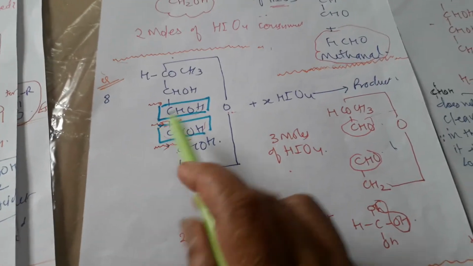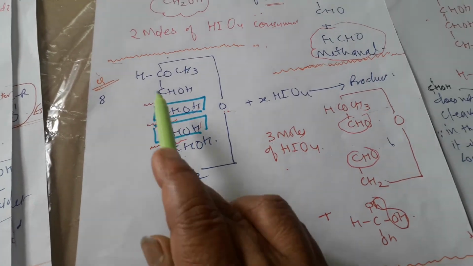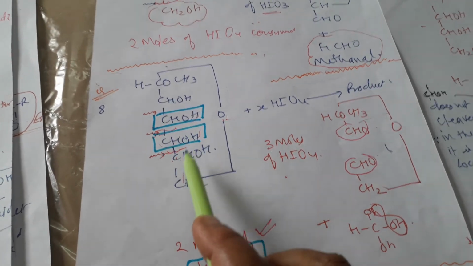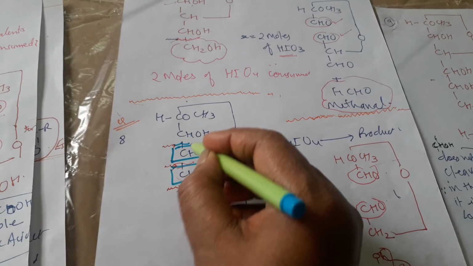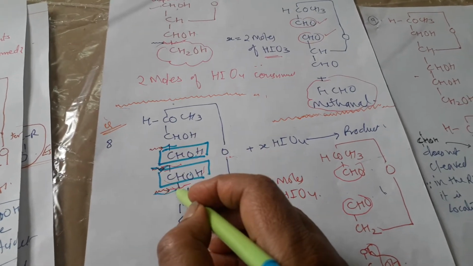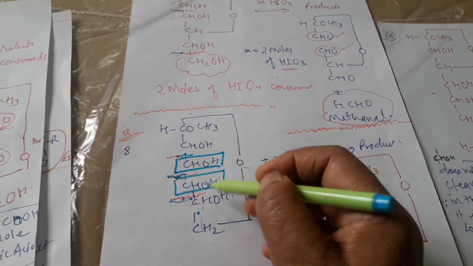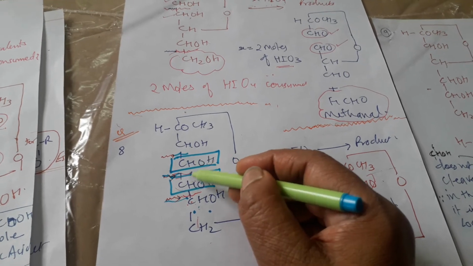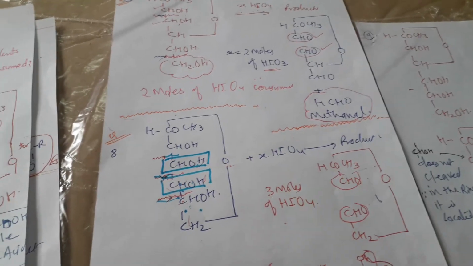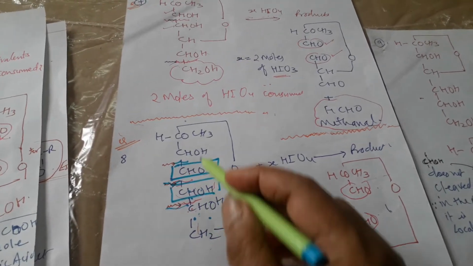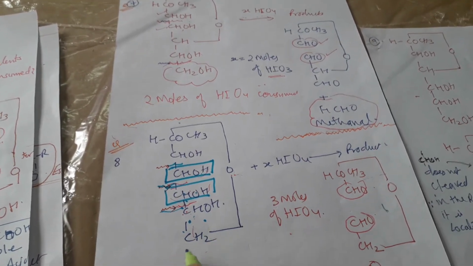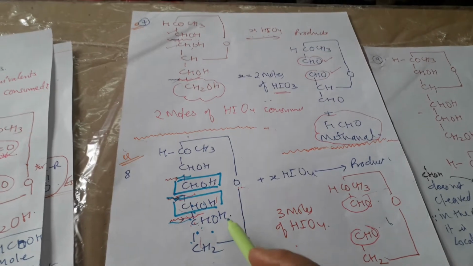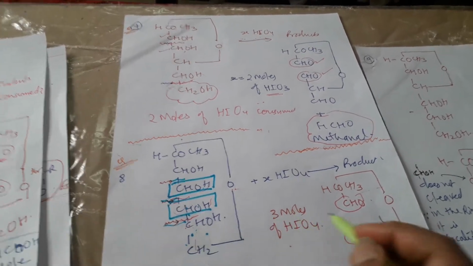Again I am repeating it. Draw this structure and you see 1, 2, 3, 4 CHOH groups are there. So cleavage between this, cleavage between this, cleavage between this. Of the 4 CHOH groups, 2 are free CHOH groups, so they will be converted into formic acid. And above and below, the CHOH group is joined with CH2 and the cyclic structure, so only they are converted into CHO.